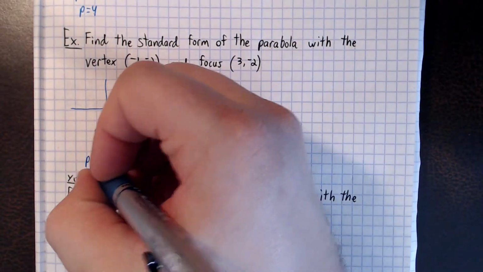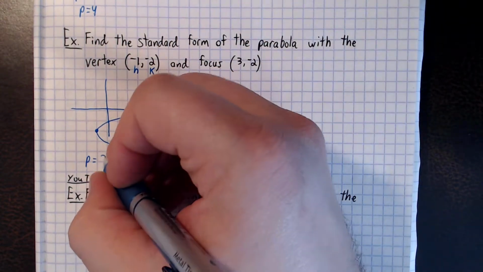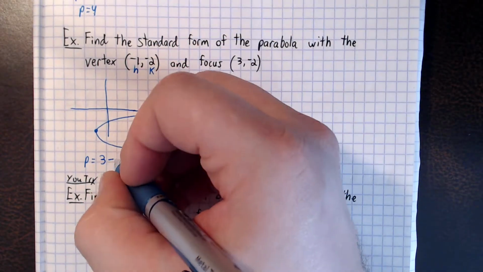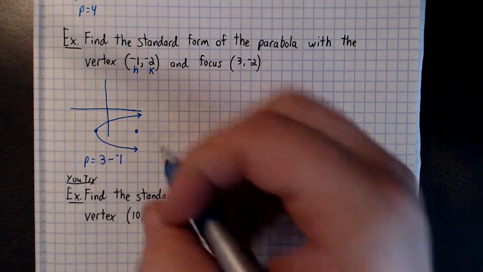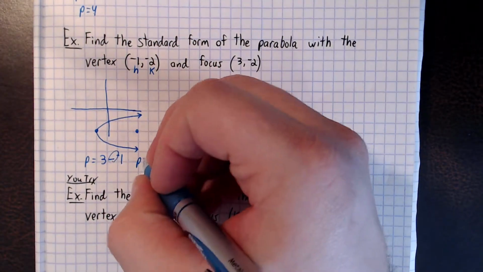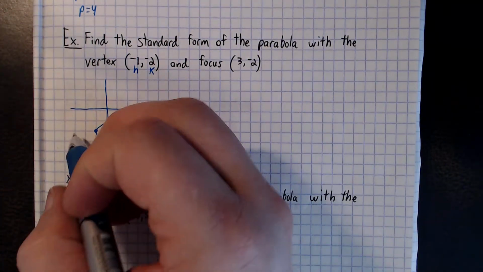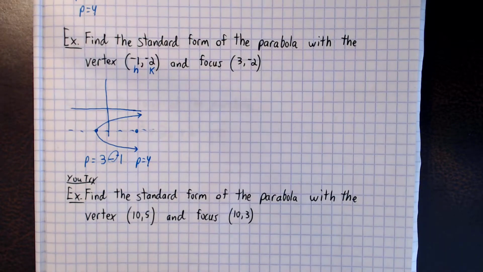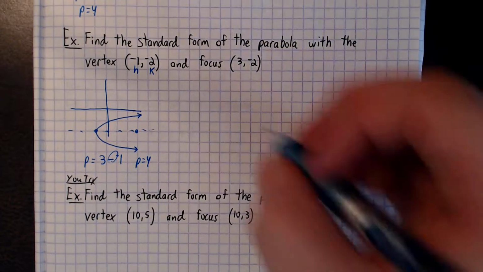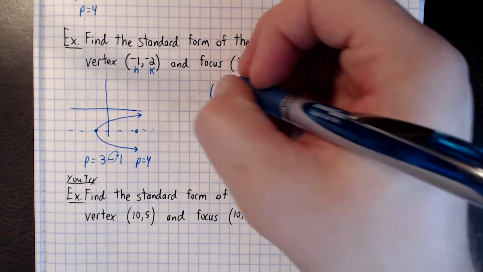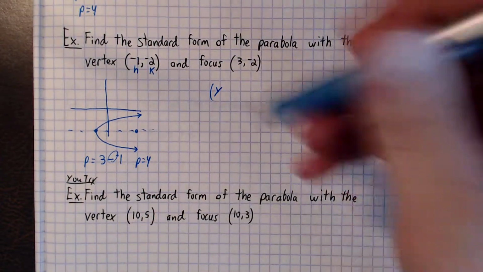This is our vertex, that's our focus, so it's going like this. Our p-value is the distance in x. So I take my focus and I subtract my vertex. 3 minus -1 gives us 4 for p. Plus, we can see that we have a horizontal axis. That means we want y minus the vertex coordinate, k.